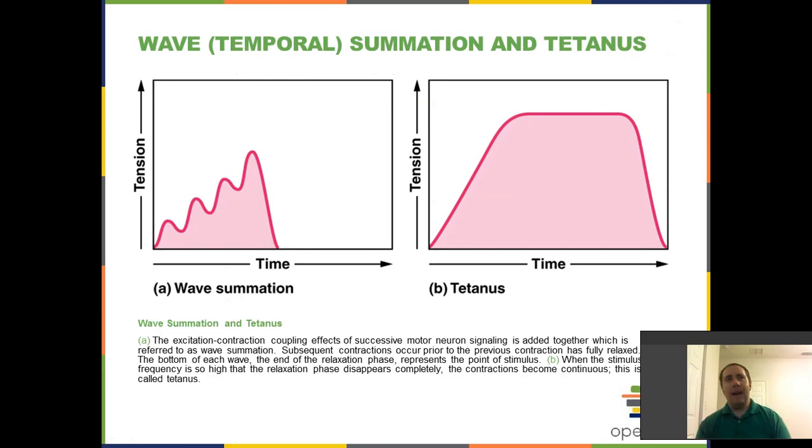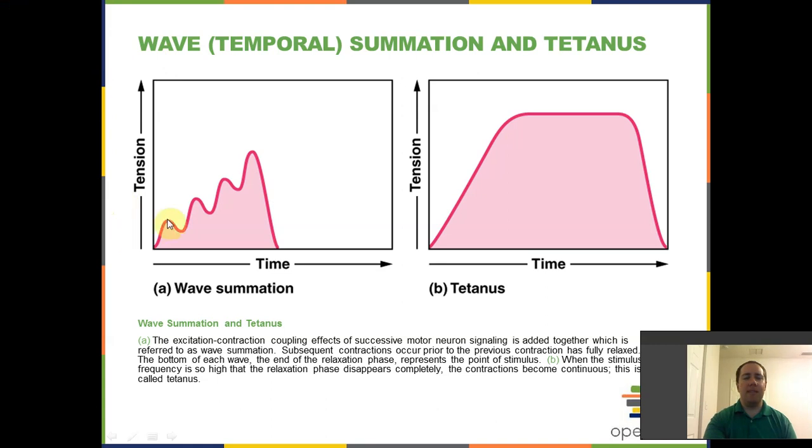However, we do not have to wait for that relaxation period to completely finish before we contract again. If we don't wait for the relaxation to finish before we contract, we undergo what's called wave summation or temporal summation.